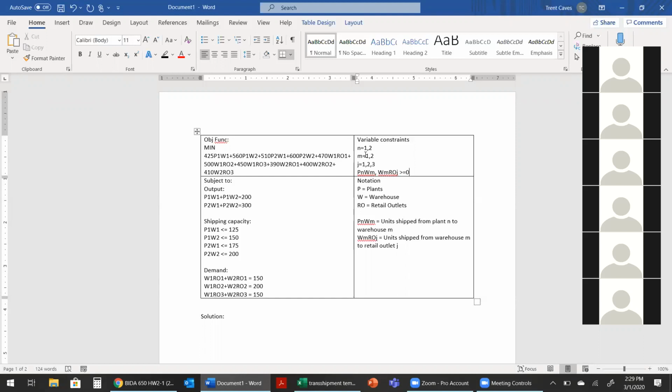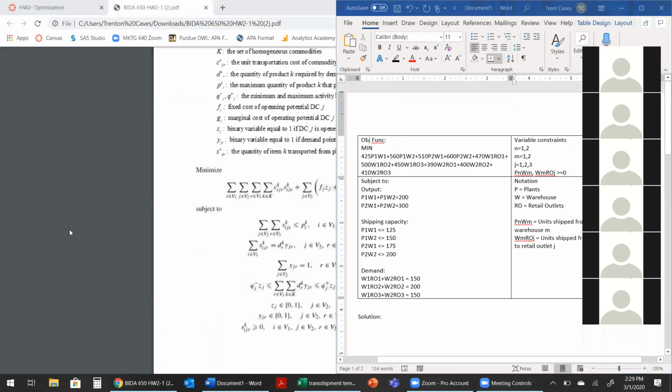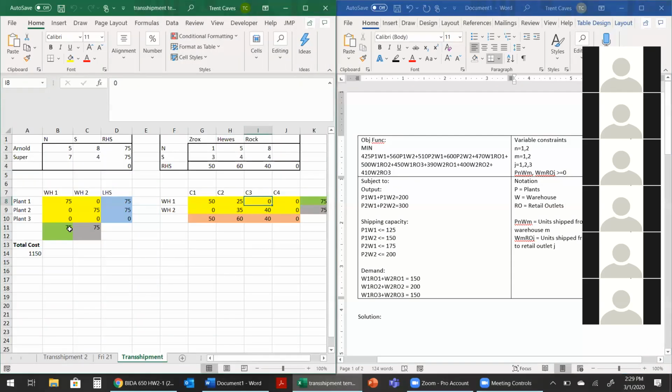So once we have our linear programming function written out, now we can transfer this to our transshipment template. And again, the transshipment template is pretty well situated for this question. Just a couple quick changes to make: our plants go in column A. Our warehouses go across the top in the first section.